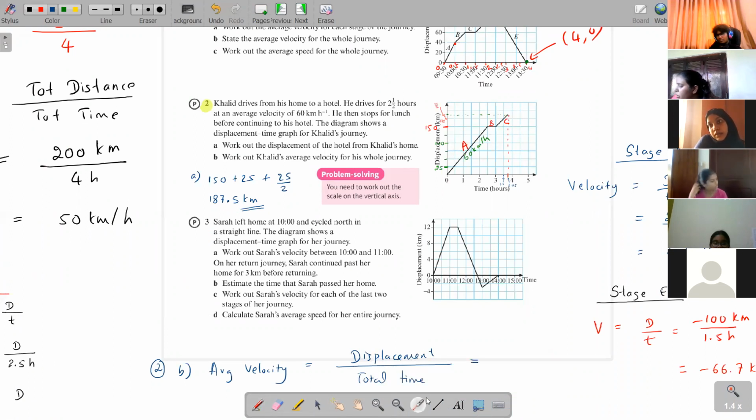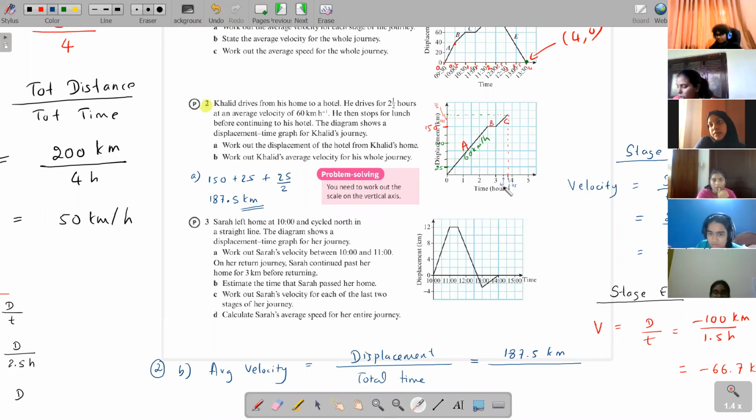So what's the displacement for the whole journey? You all know he's traveling, even though he's taking a rest, it doesn't matter. Displacement is 187.5 kilometers and the total time taken for the whole journey is how much? How much time have they taken for the whole journey? 3.75 hours.